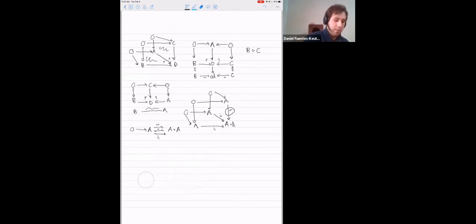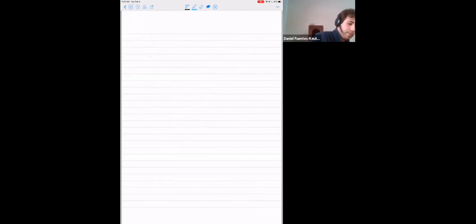Maybe as a further example, say you had 2 of these cubes, so 0 to B. Well, let me just do this. So here's one cube, and here's another one.